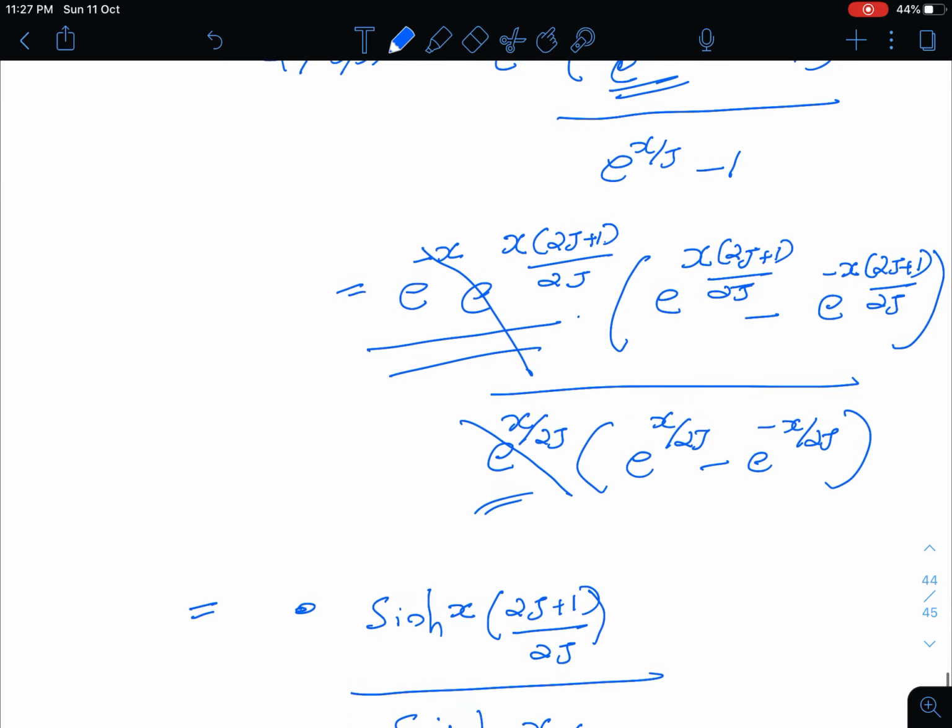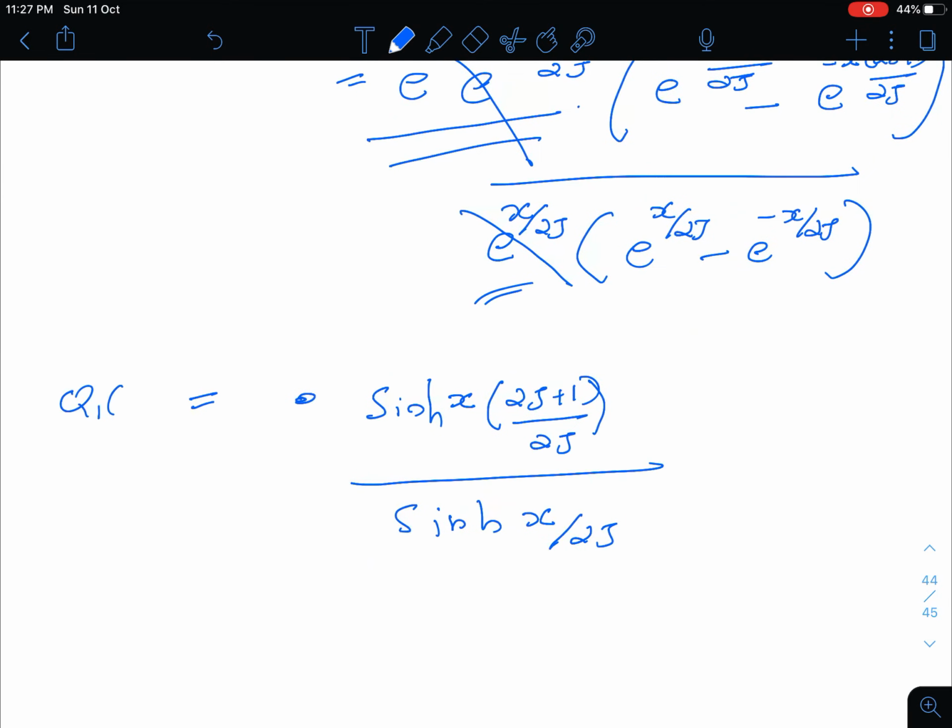Good. So that is Q1 of beta. Correct? No mistakes, right? Okay.